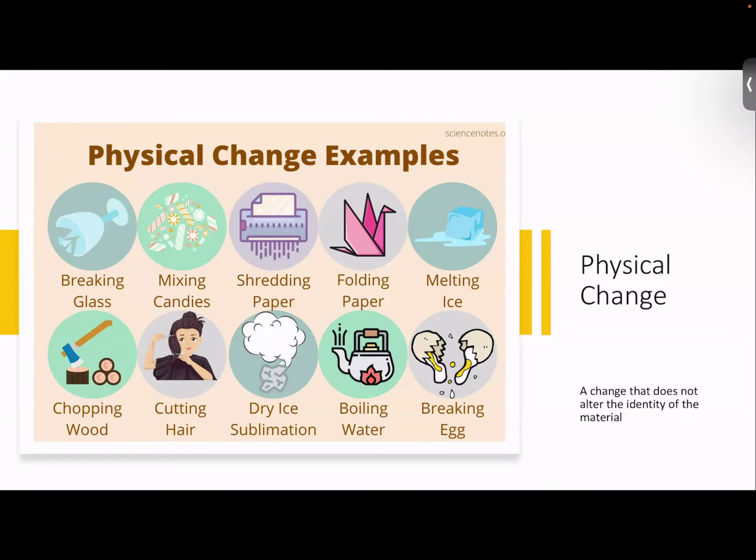That process itself is a physical change because we didn't change the albumin, the gelatinous, clear, colorless liquid, and the yellow yolk. All of these are physical changes, which are changes that do not alter the identity of the substance. So a physical change is something that does not alter the identity of the substance.